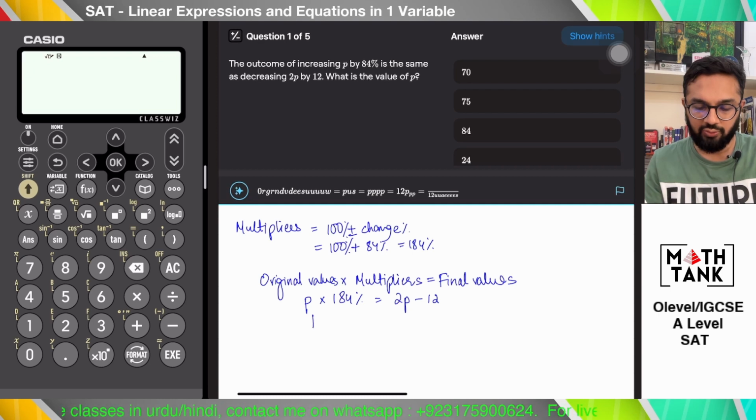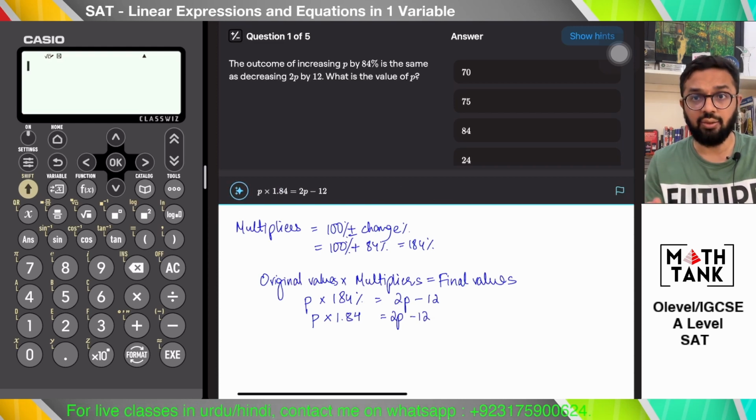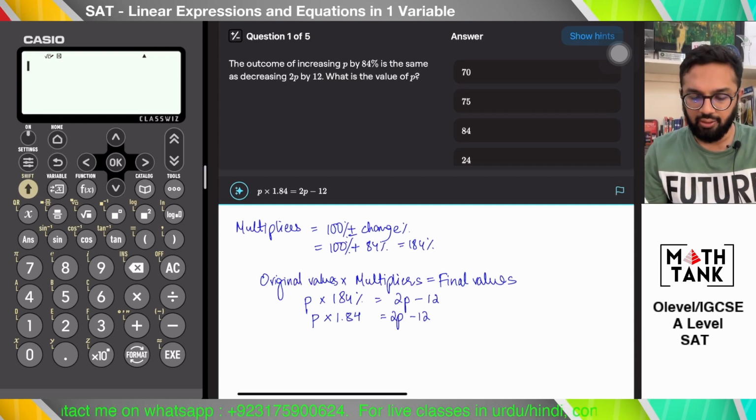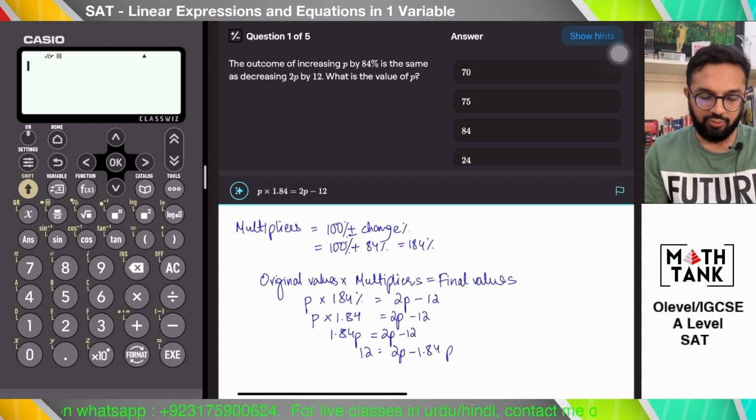If I change this to a decimal, this becomes 1.84. I can again put everything on a calculator and get done with it, but I'm going to do it manually right now. 1.84p equals 2p minus 12. 12 equals 2p minus 1.84p. What's 2 minus 1.84?